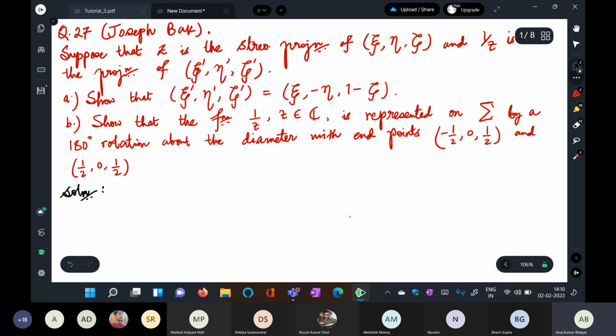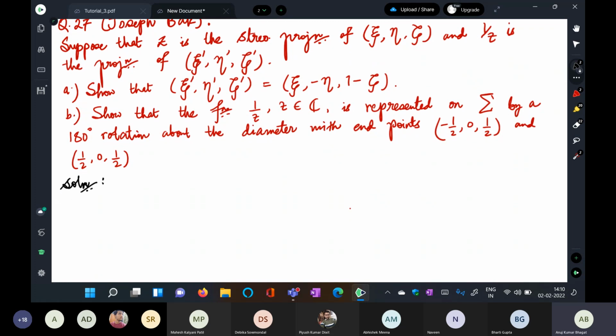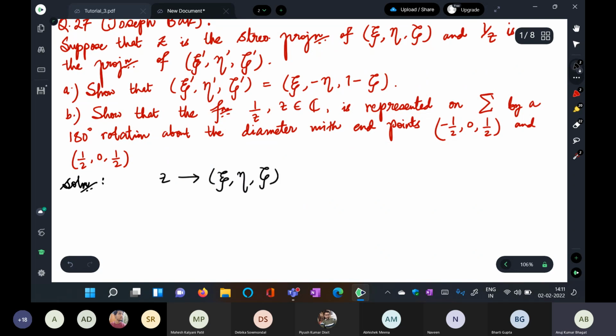Okay, so first try to understand the question. What does the question say? The first part basically says, if you know the coordinates of z under the stereographic projection, suppose the coordinates of z is this, then knowing this you can easily find out the coordinates of 1 by z.